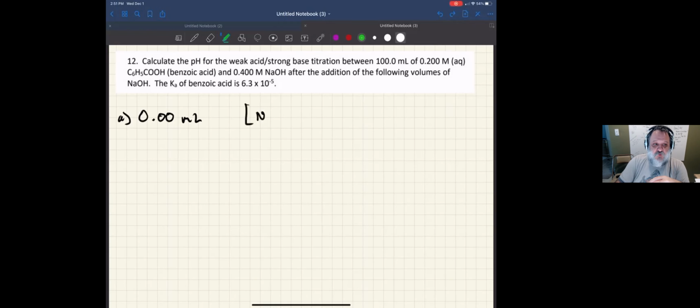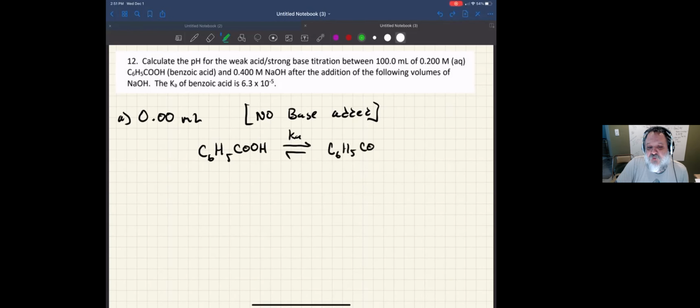So 0.0 milliliters of addition means I haven't added any base, and so the only thing in the solution is the benzoic acid. The chemistry that's applicable is the Ka chemistry for the weak acid that is benzoic acid. So we can just use an ice table in the normal way.